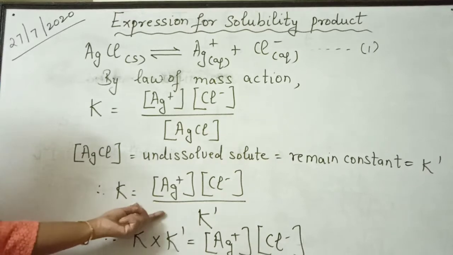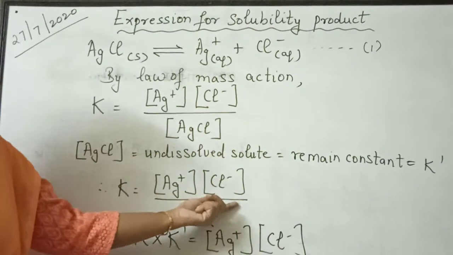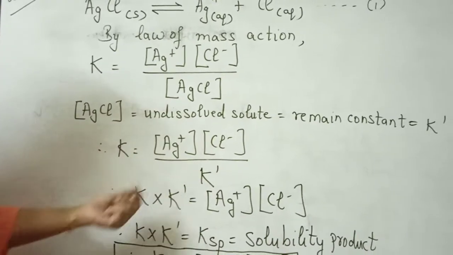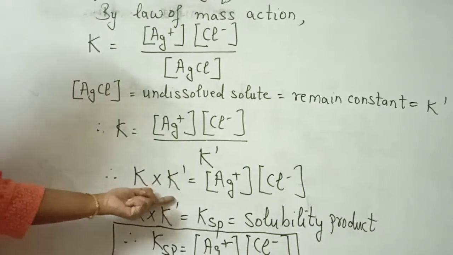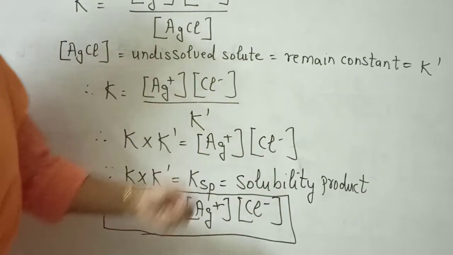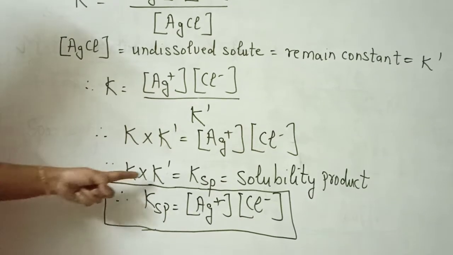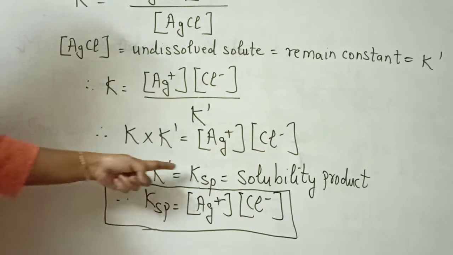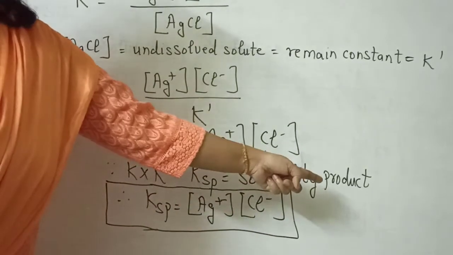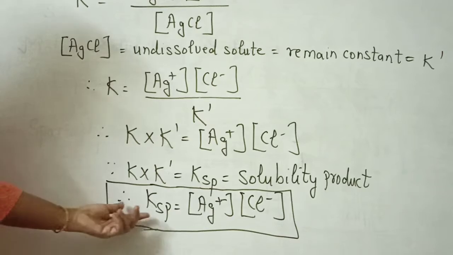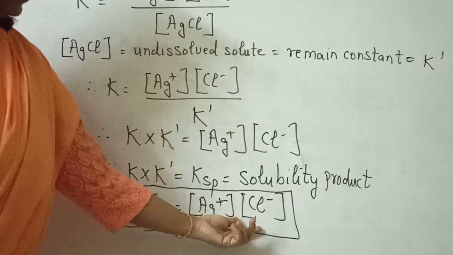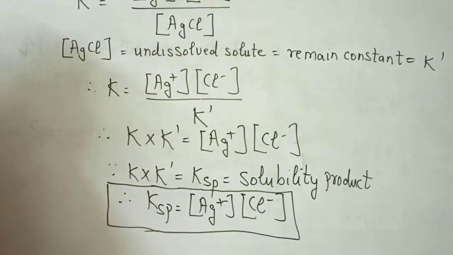Therefore, K is equal to concentration of Ag plus into concentration of Cl minus upon K dash. Rearranging this equation we get, K into K dash is equal to concentration of Ag plus into concentration of Cl minus. The product of two equilibrium constants is taken as Ksp, which itself is called solubility product. Therefore, solubility product Ksp is equal to concentration of Ag plus into concentration of Cl minus.